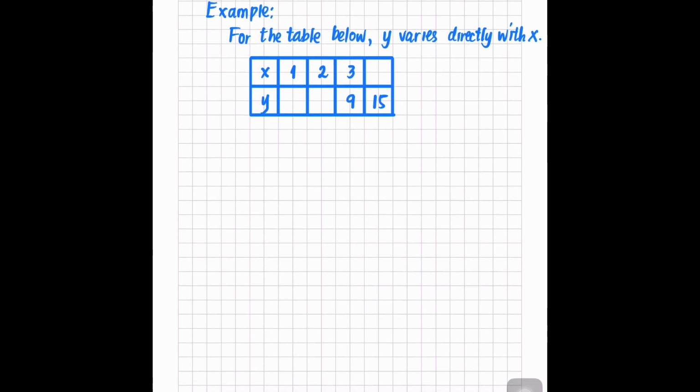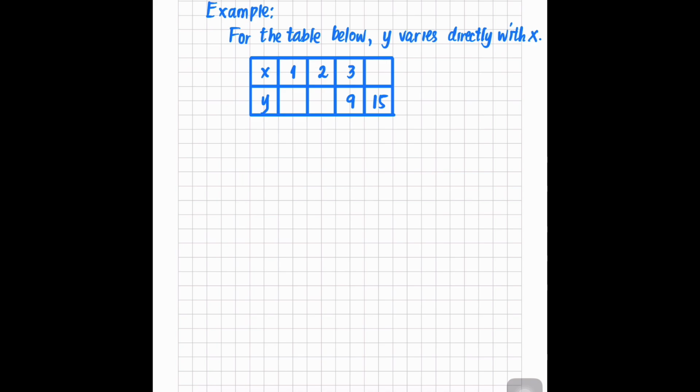For this example, you can see that we were given a table of values. And the table of values actually misses some values there. What we need to do first is to complete the table in order for us to graph.